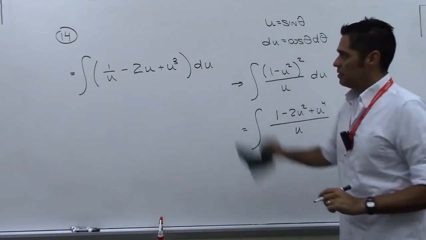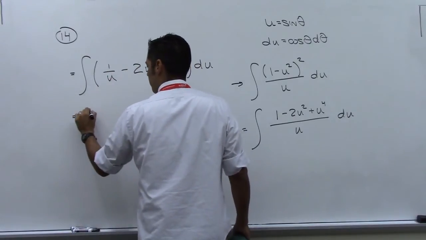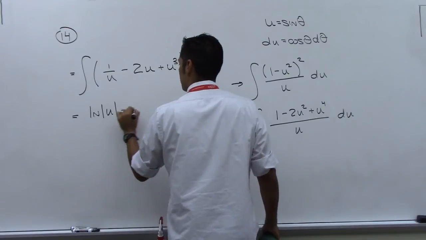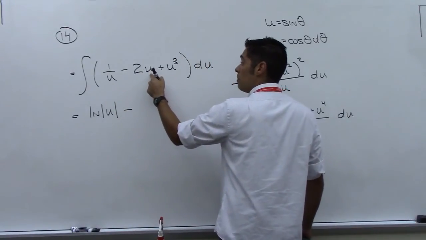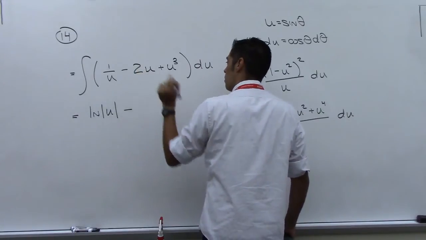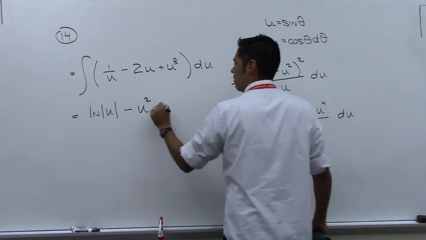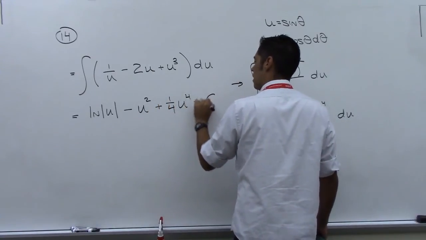And now I just take the antiderivative of each of these. So antiderivative of 1 over u is natural log absolute value of u, minus, okay, antiderivative of u is 1/2 u squared, but then I had a 2 here. The 2 and the 1/2 just go away, so I get u squared. And then the antiderivative here is 1/4 u to the fourth, then plus my constant.